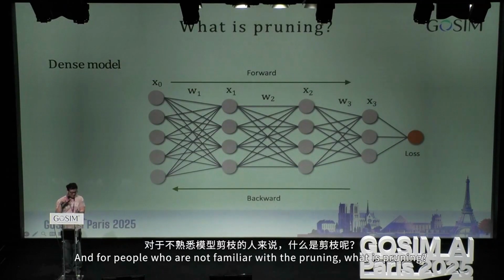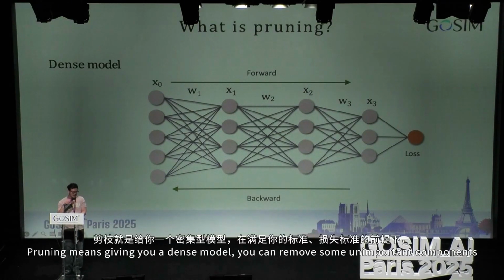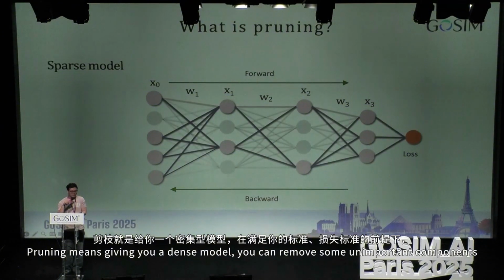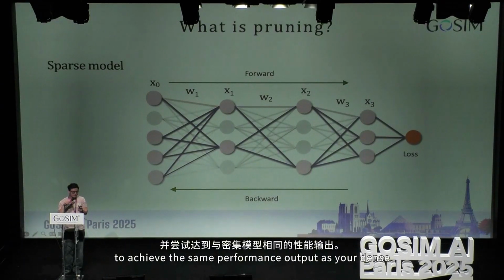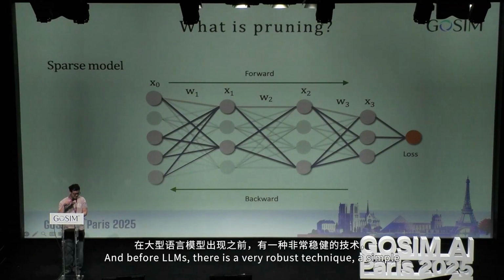For people who are not familiar with pruning, what is pruning? Pruning means that given a dense model, you remove some unimportant components like weights or even neurons based on your criteria, trying to achieve the same performance as your dense model.